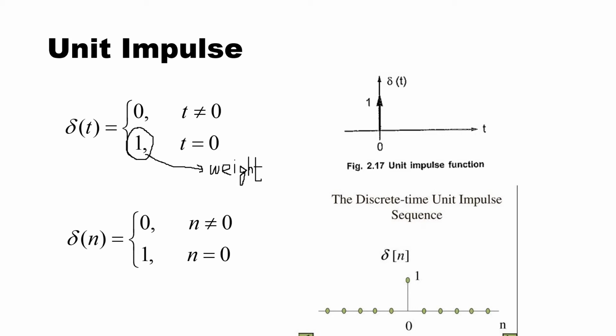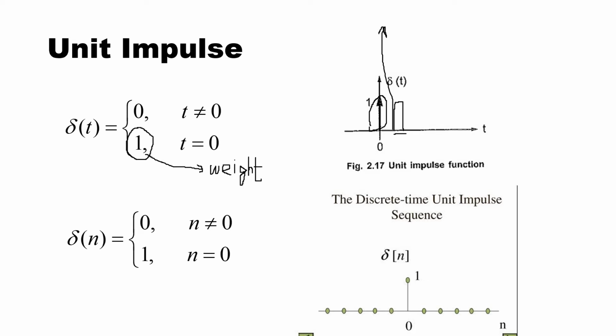Okay, why do we call it weight? If you recall that it is actually derived from a rectangular pulse with area 1 but whose width is approaching 0, so its magnitude is approaching infinity but its area remains 1. So this is something ideal.